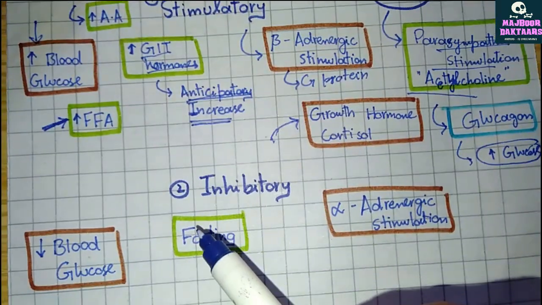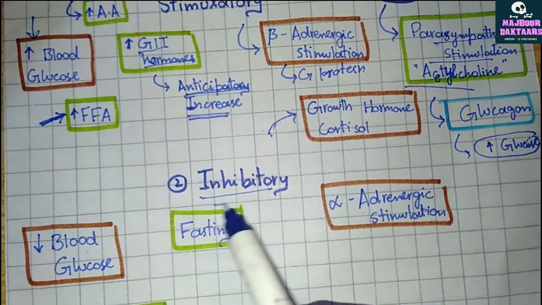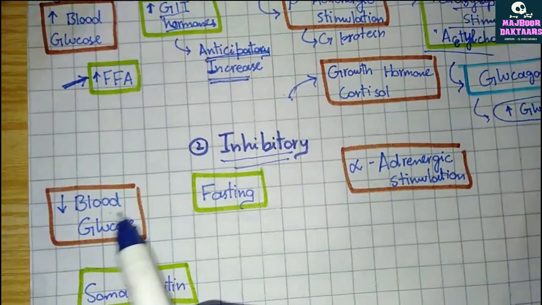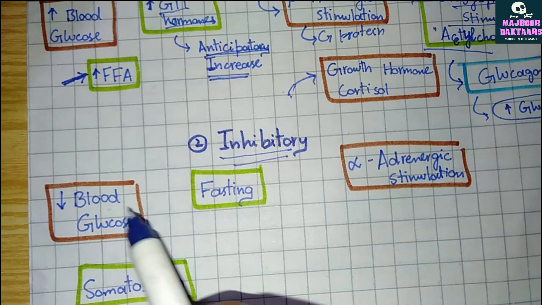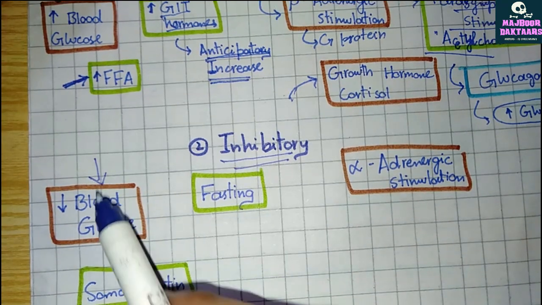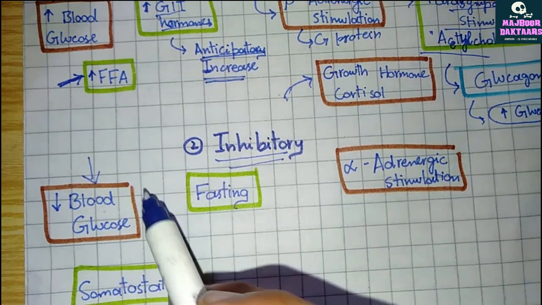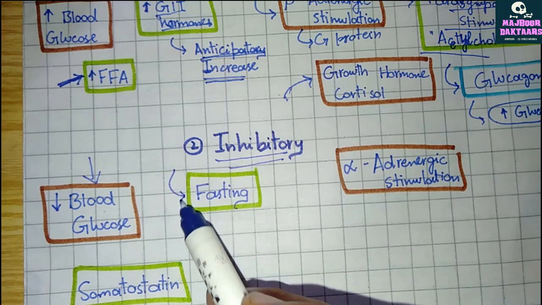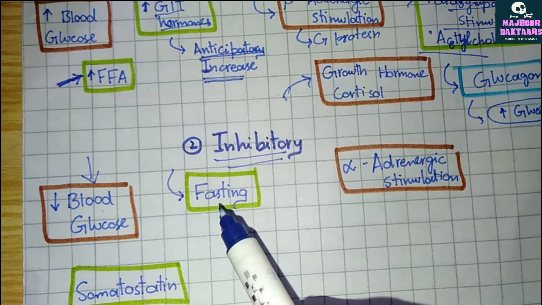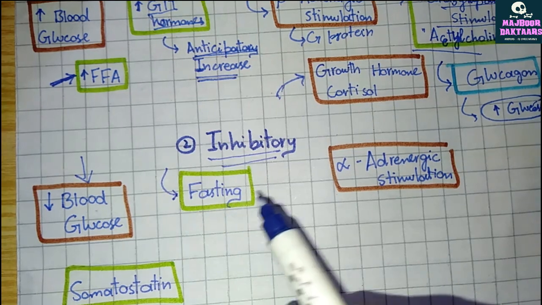Now moving towards the inhibitory factors of the insulin, the decreased blood glucose level causes the decrease in the insulin production via negative feedback. During fasting, the blood glucose level is low, so the insulin production will halt.